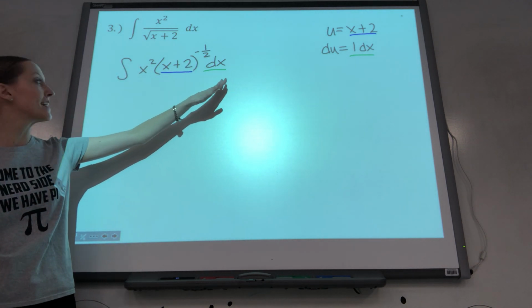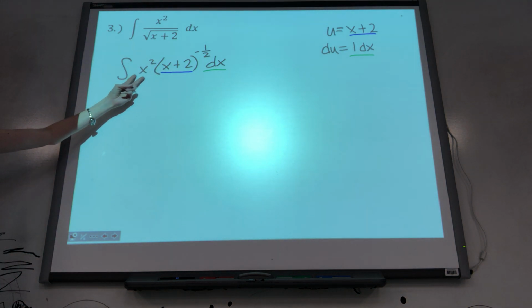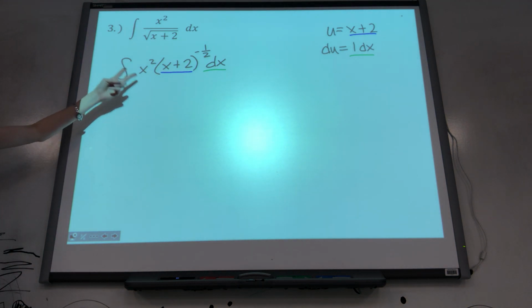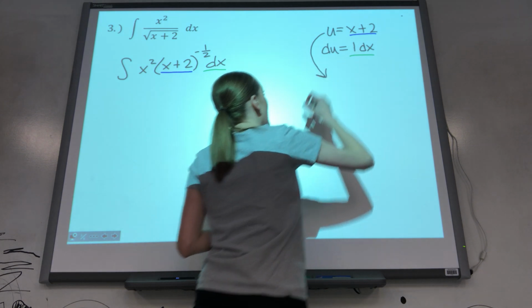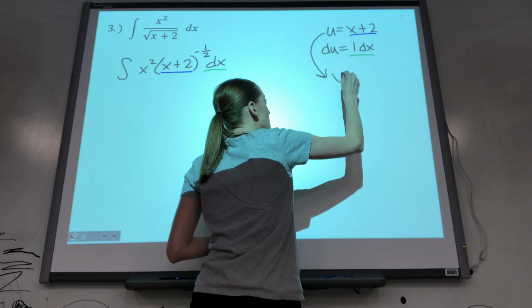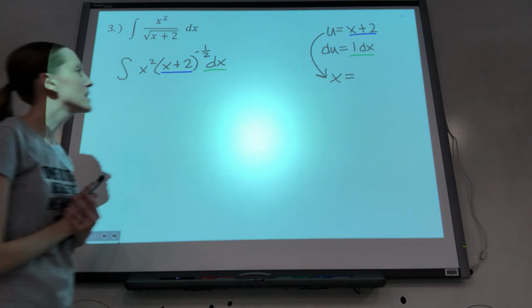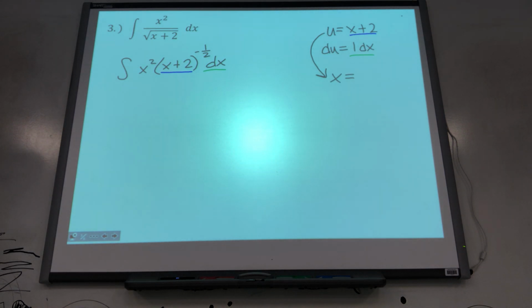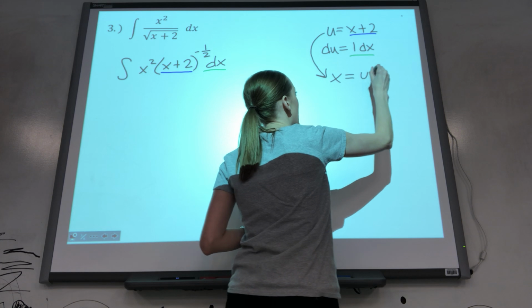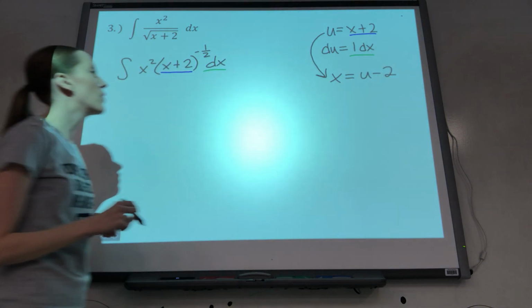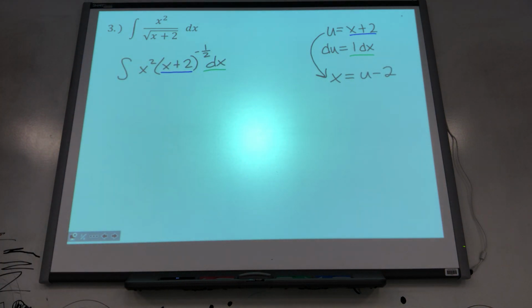I have the dx, but I also have this extra x. And actually, in this case, it's not just x, it's x squared. So I'm still going to take that equation and solve it for x. Now, to get x by itself, you'll subtract 2. So it says x equals u minus 2.